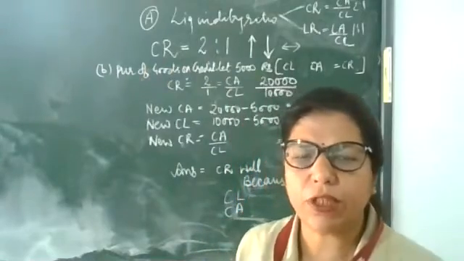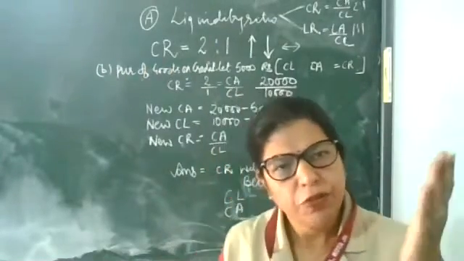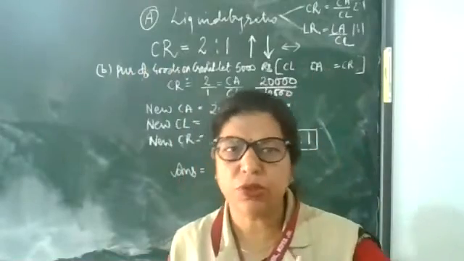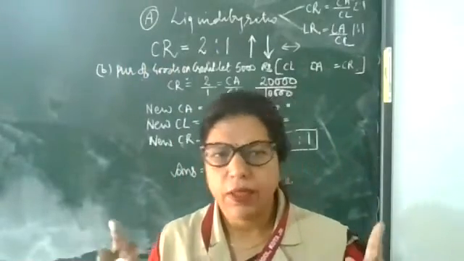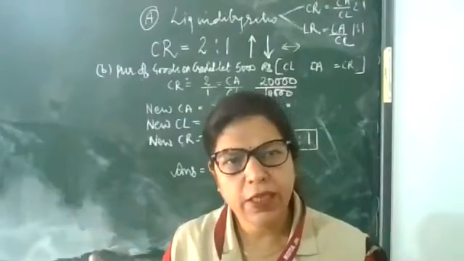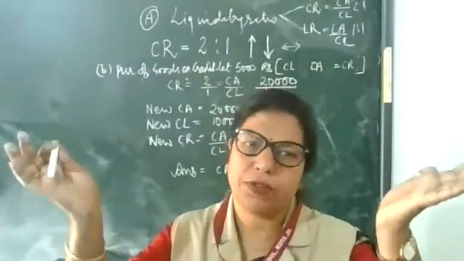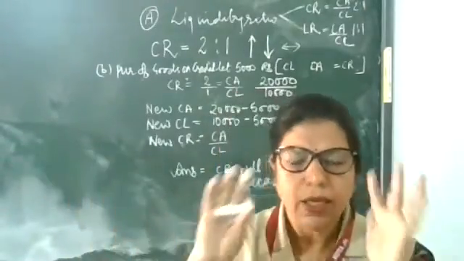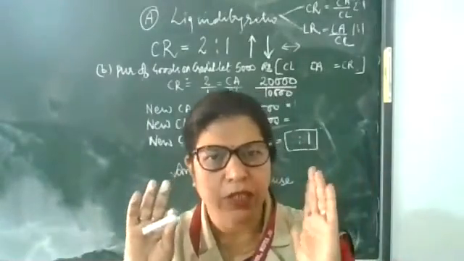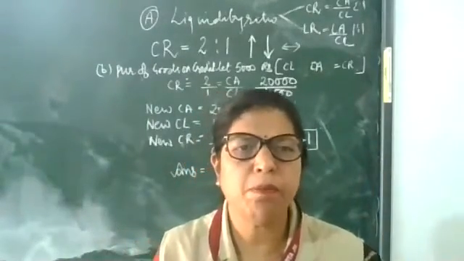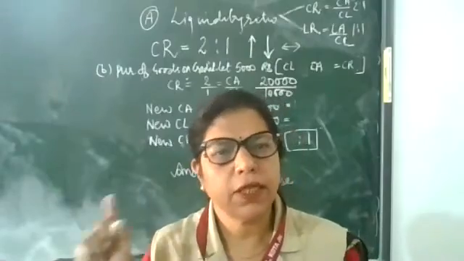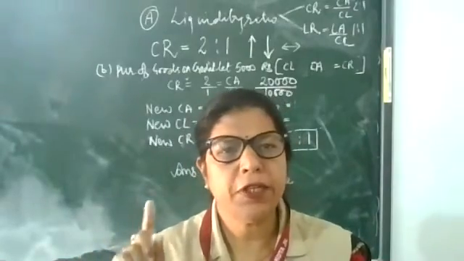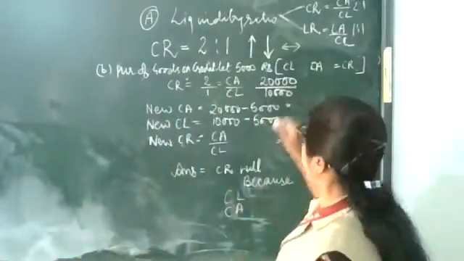Look at the board now, you will be able to understand. When we are purchasing goods, inventory, or we can say stock, increases. If a businessman is purchasing goods, what will be the impact on inventory? That will increase. Inventory means current asset will increase.